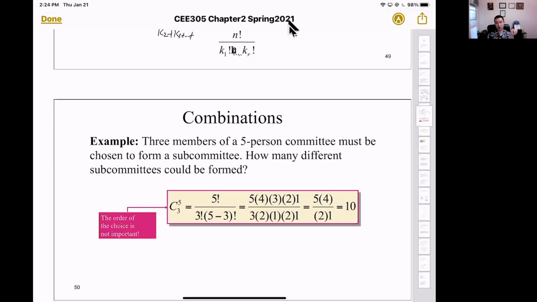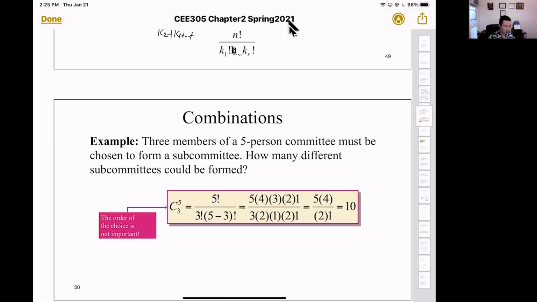We only need to pick 3 from the 5 to form a subcommittee. So we should use combination, not permutation. That's going to be C(5,3), where we pick 3 from the total 5 choices.